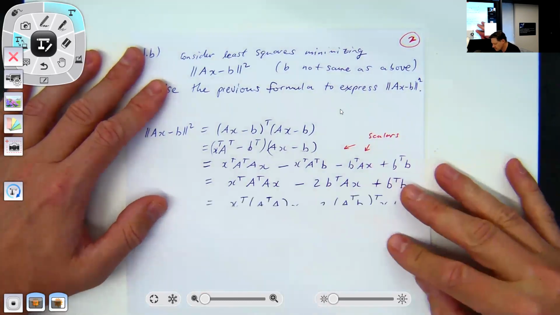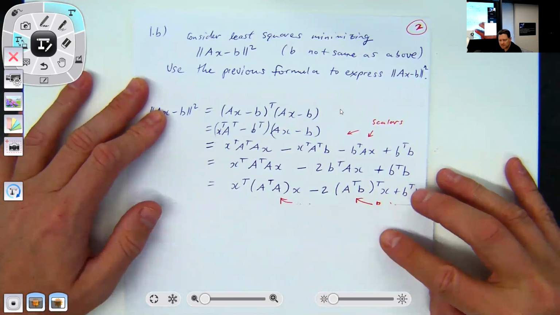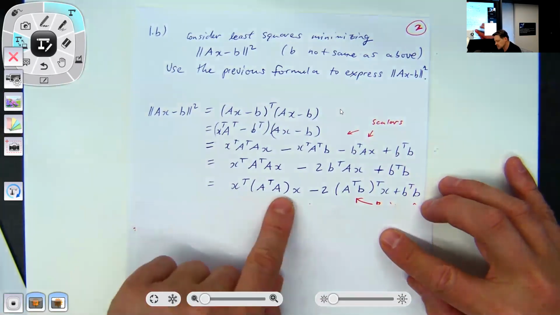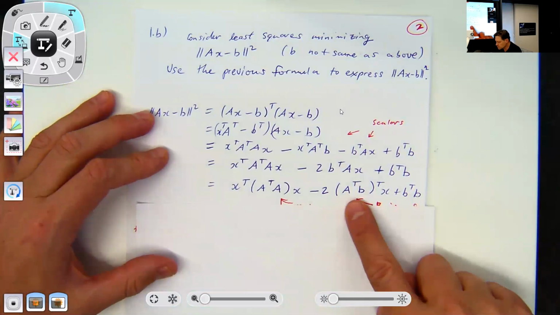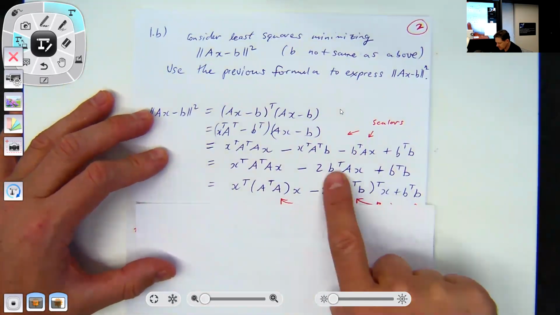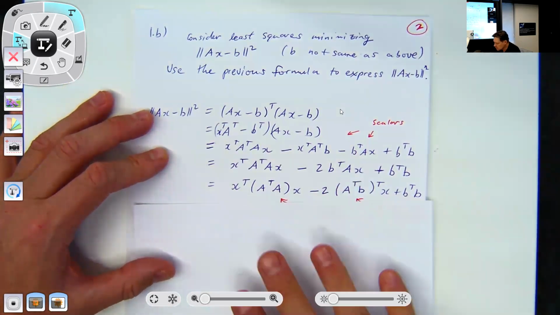Okay, now that we have that, let's take some note of some of the things that we have here. We've got an A transpose A, so I want to emphasize that and put it in brackets. All right, and likewise, we've got an A transpose B here, transposed, which is right there. And then this one just carried down. Okay, good.